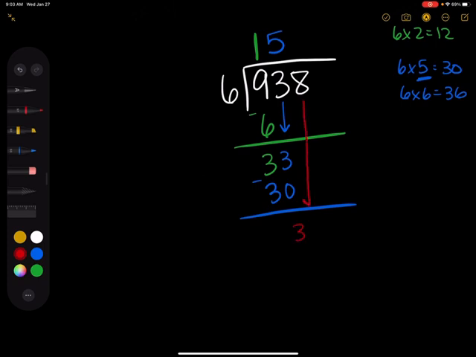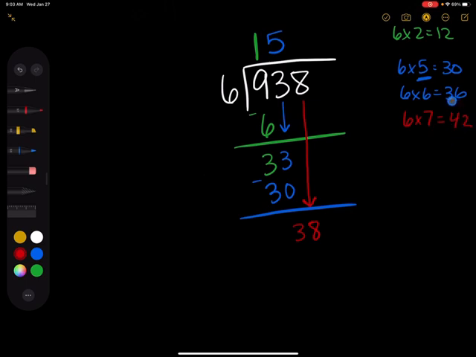Now, finally, we're going to bring down our last number, which is 8. Okay, 38. Going to ask ourselves the question again. How many groups of 6 can I put into 38? Well, we already know that 6 times 6 is 36. So let's try 6 times 7. It's 42, and that's too much.